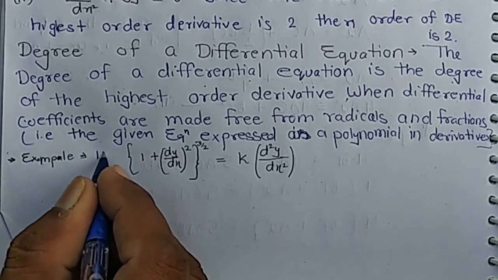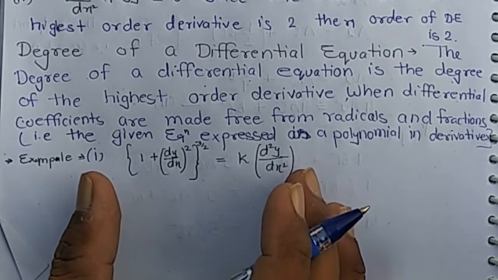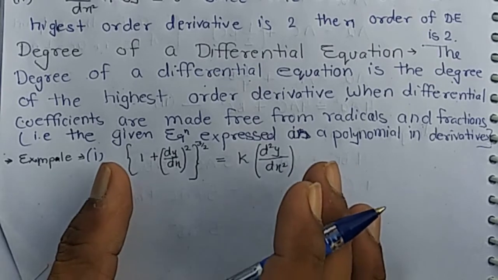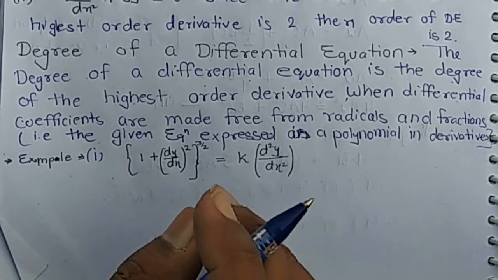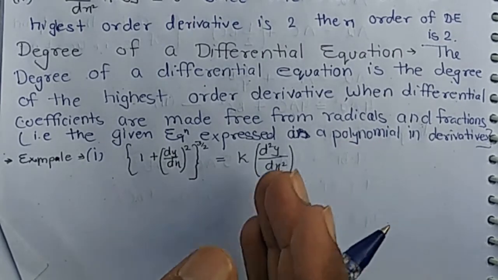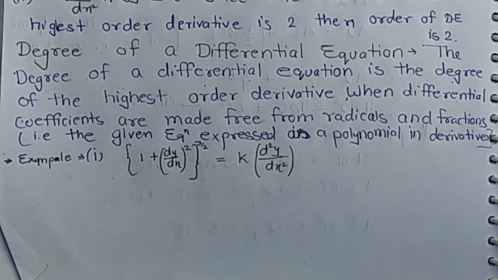For example, it is a given equation and we have to find the degree of this differential equation. So firstly we change it into a polynomial in derivatives or make it free from radicals or fractions.